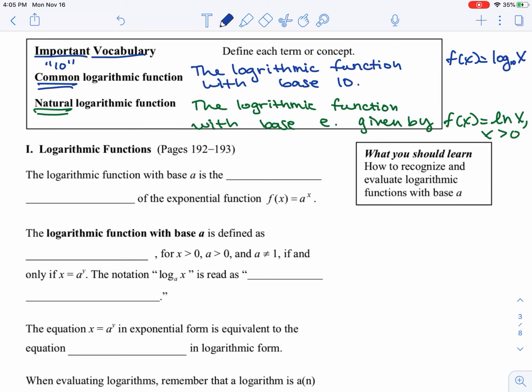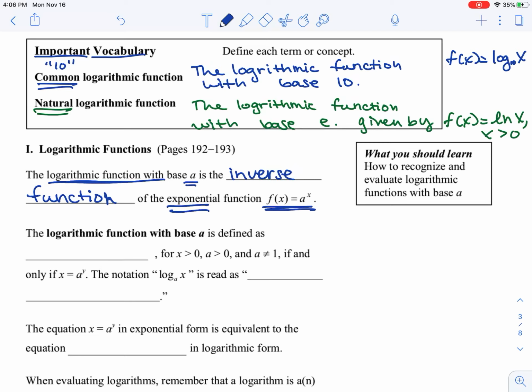Okay, and the logarithmic function with a base a is the inverse function of the exponential function, which we were just studying.